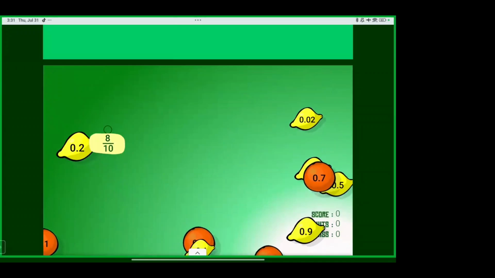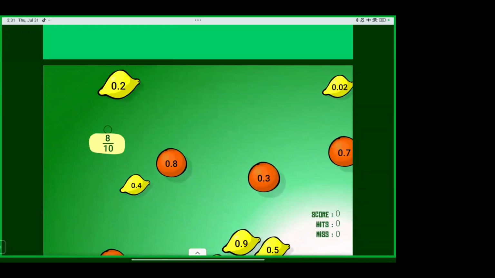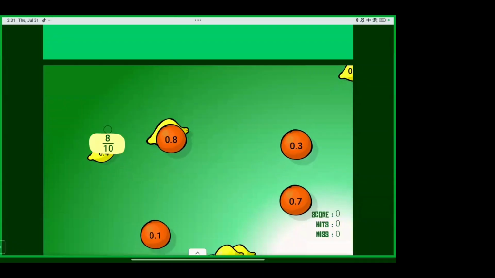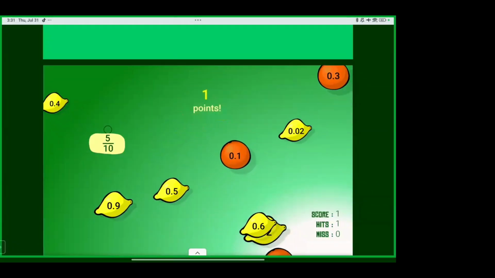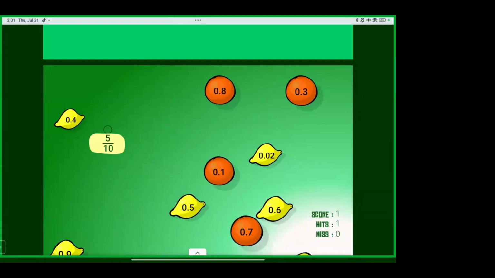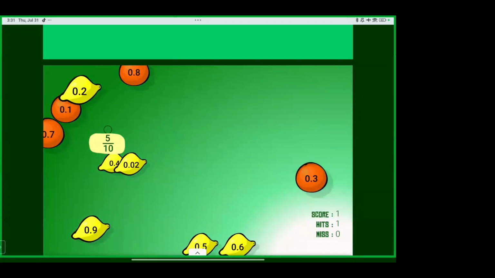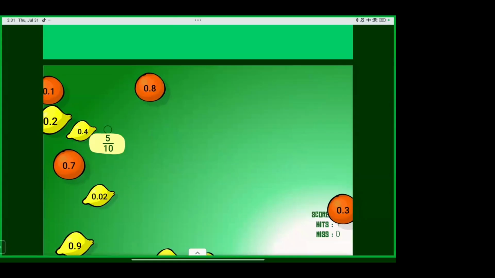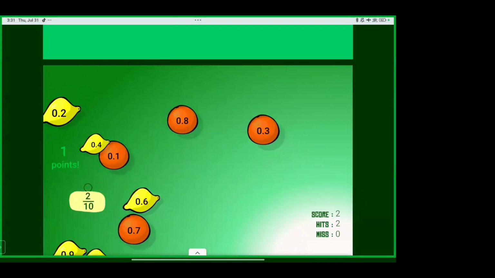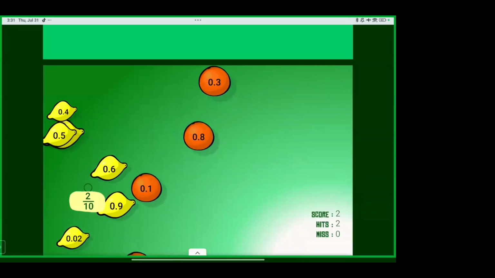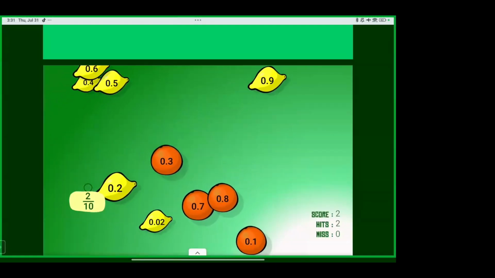8 per 10. Group 1, Miss. Sure. 0.8, Miss. Okay, that's right. Next, 5 per 10. 0.5, Miss. All right. Next, 2 per 10. 0.2, Miss.